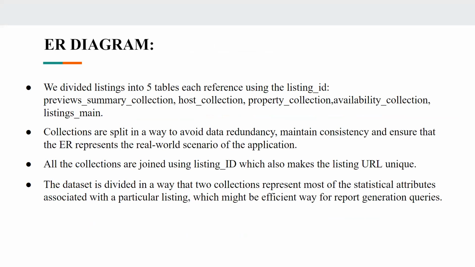The collections are split in a way to avoid data redundancy, maintain consistency, and ensure that the ER represents the real-world scenario of the application. All the collections are joined using listing ID, which also makes the listing URL unique. Finally, the dataset is divided in a way that 2 collections represent most of the statistical attributes associated with a particular listing, which might be an efficient way for report generation queries.